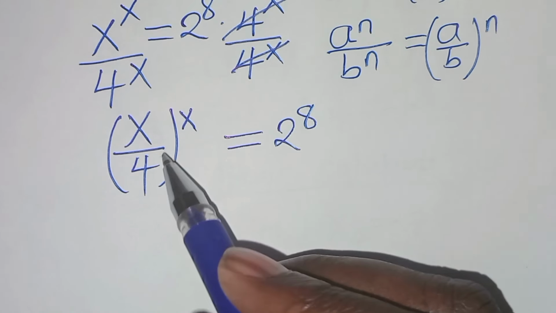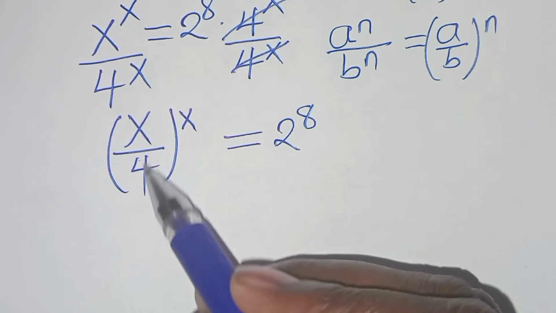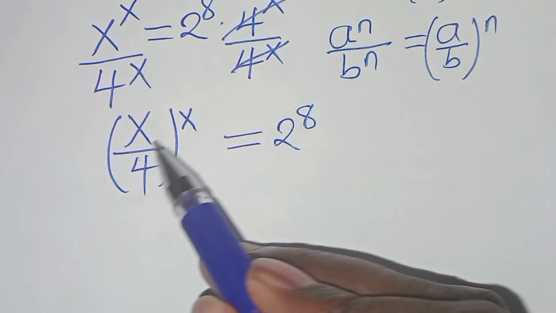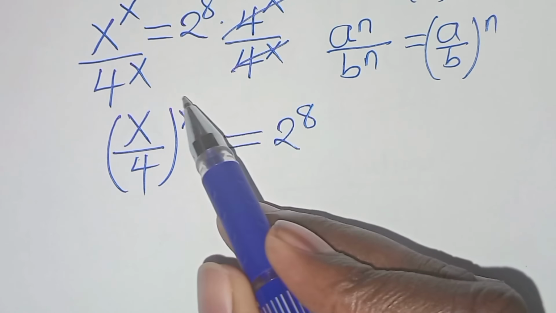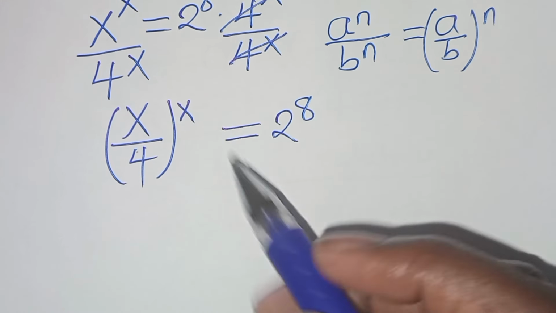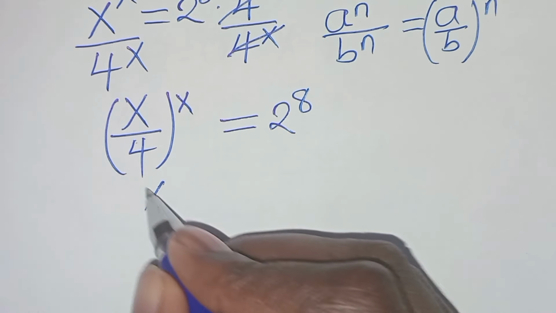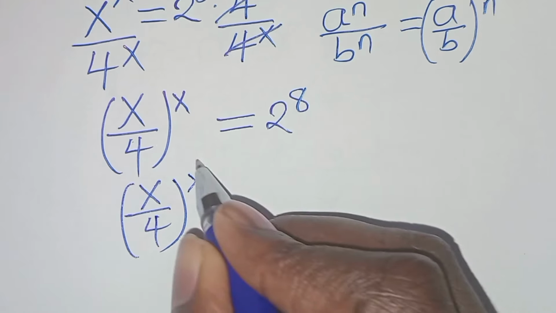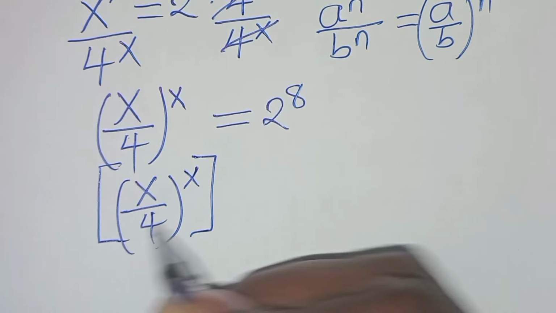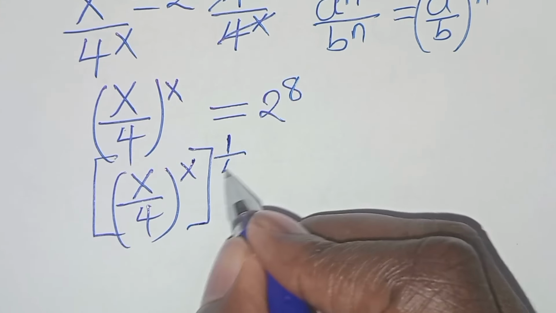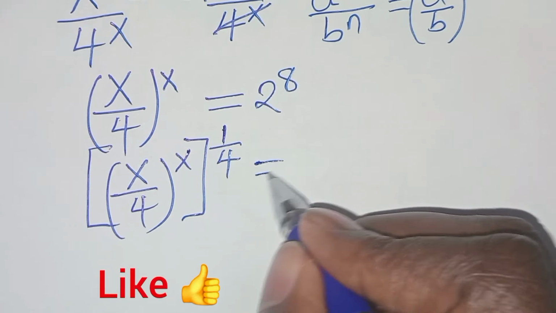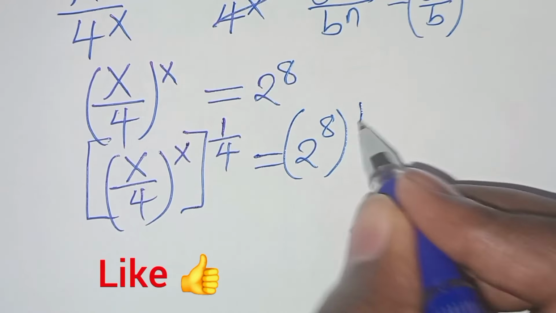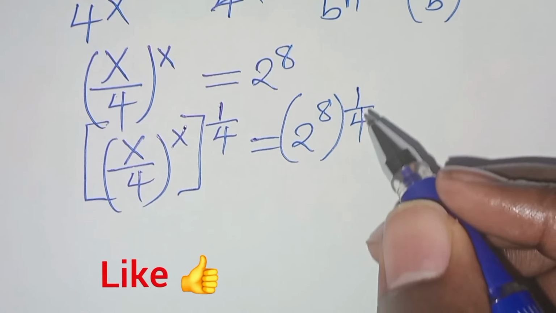The next step from here, we have the base x over 4 and the exponent x. So to make the base and the exponent the same, we multiply the exponents on both sides by 1 over 4. So we have x over 4 raised to the power x, multiplied by 1 over 4, equal to 2 raised to the power 8 raised to the power 1 over 4.